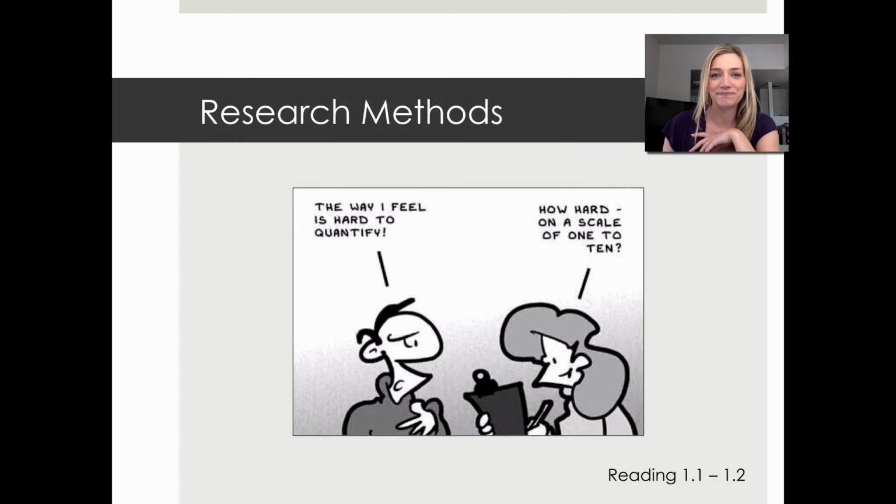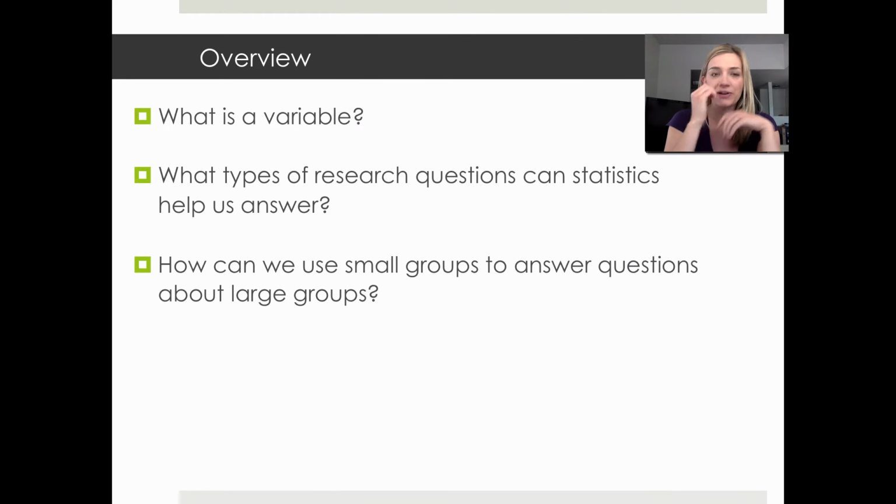Okay, let's get started. In this lecture, we're going to first talk about what a variable is. In your study for 467 and 468, you're going to have three variables, two in which you manipulate and one that you measure. We're also going to talk about the types of research questions that statistics can help us answer.